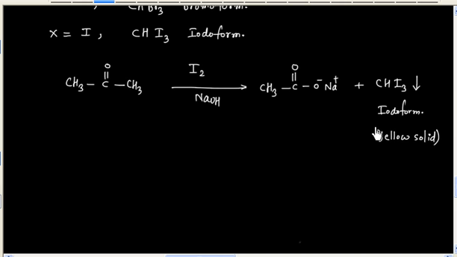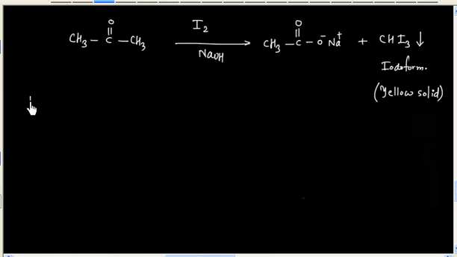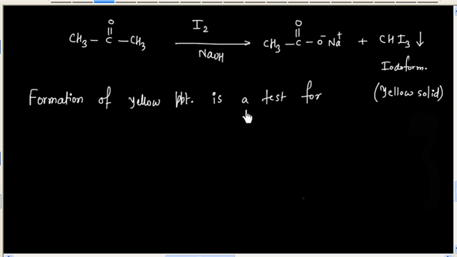So formation of yellow precipitate is a test for methyl ketone. So this is about haloform reaction.